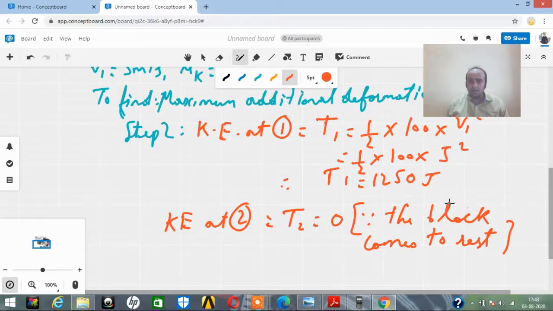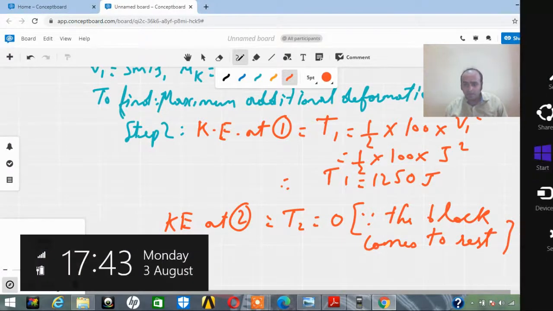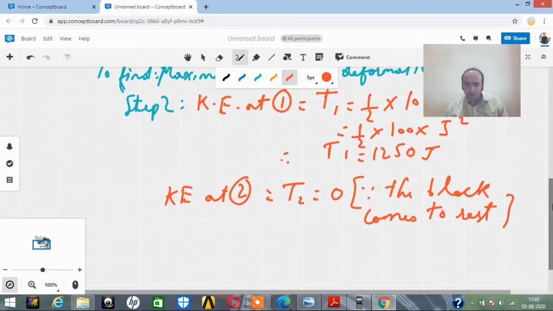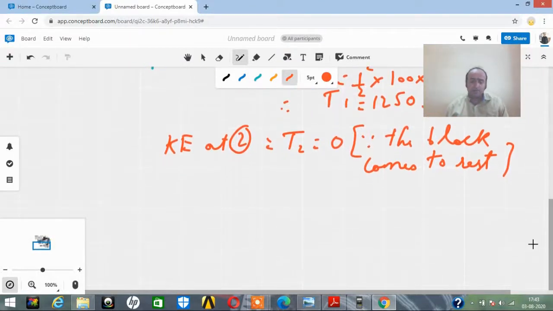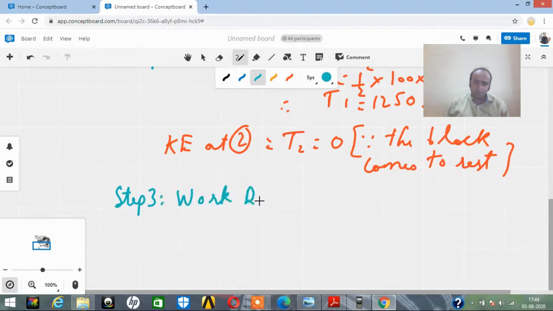So this is done. Now let's go ahead for step 3, that is work done by different forces. So I can write over here step 3, work done. I can write down one by one.